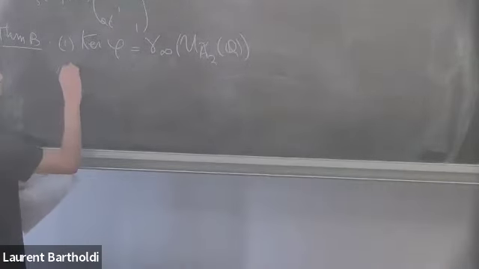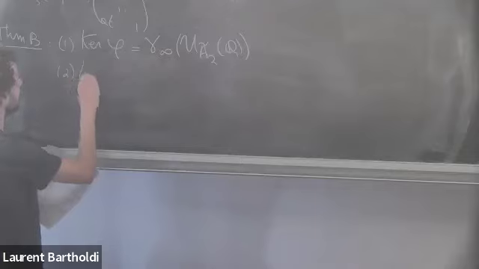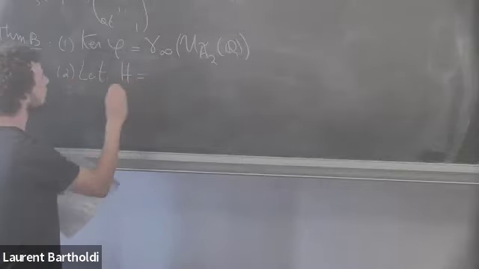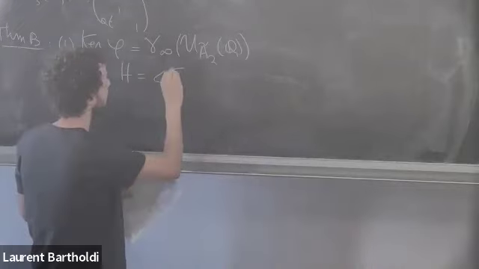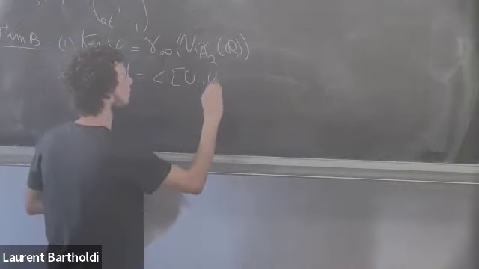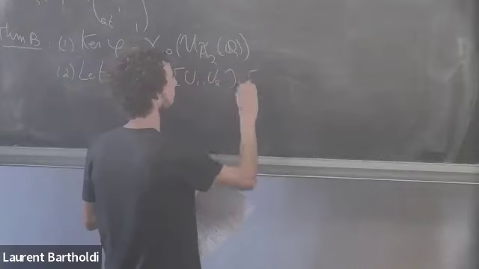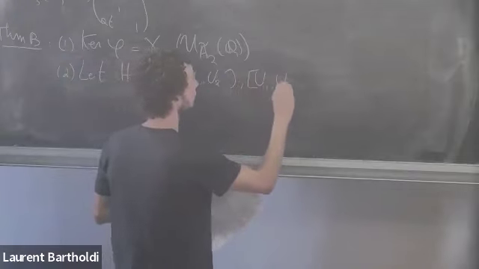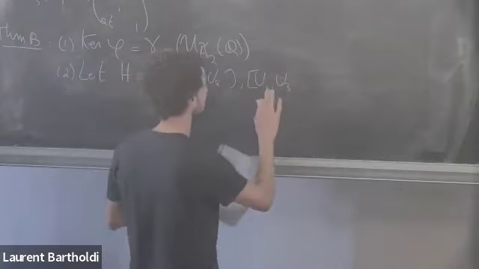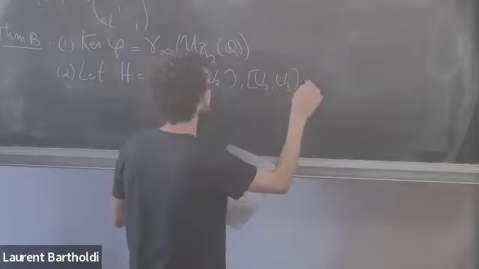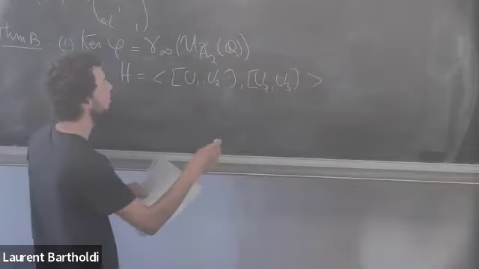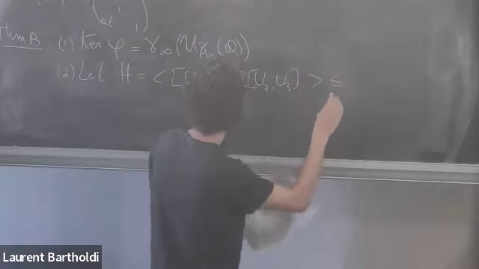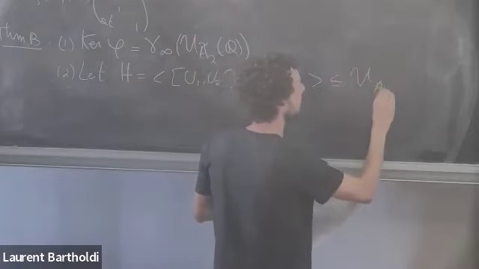And the second part of the theorem is that if you consider the subgroup, let's say H, generated by U1, U2 and U1, U3, or U2, U3, it doesn't matter. So I view this as a subgroup of this amalgam.